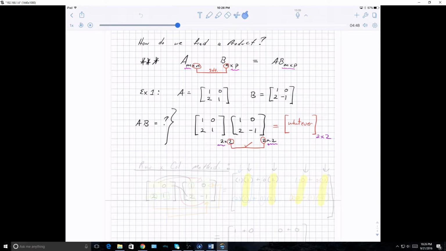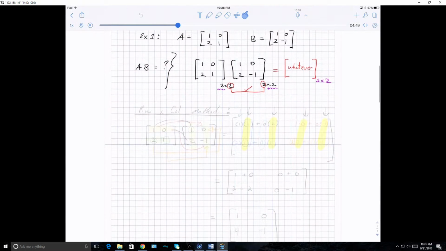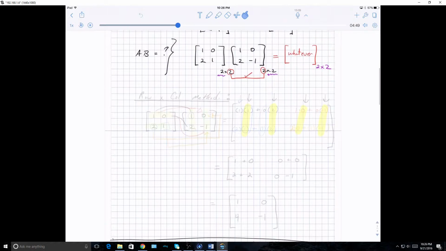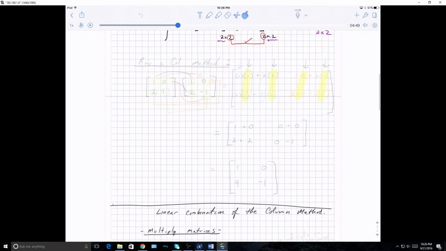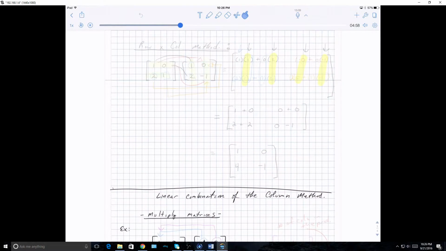So how do we multiply these out? Well, I'm going to draw it out a little bit here, and this is not the way I would do it, but I'm going to show you this way first. Okay, so here is the row by column method. And all I'm going to do is work on this product right here.